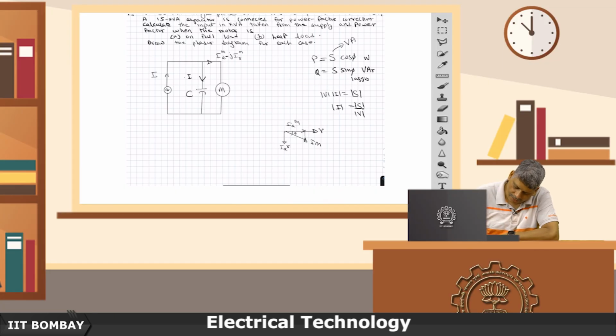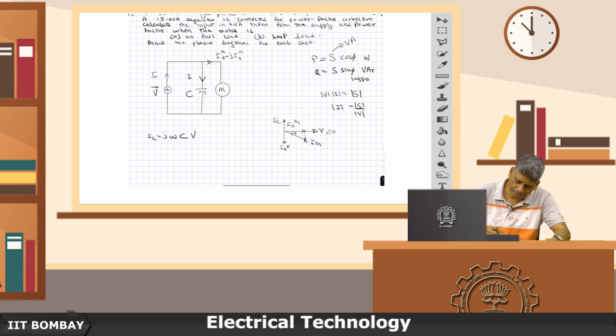The capacitor current is going to be IC is equal to j omega C times V, where V is the supply voltage which is sitting here. This V I have taken as a reference phasor. If you look at it, the current is going to lead it by 90 degrees. So, therefore, this is going to be the IC.